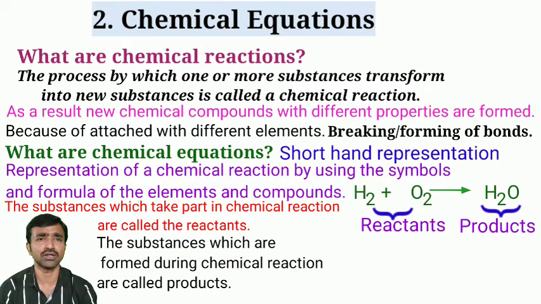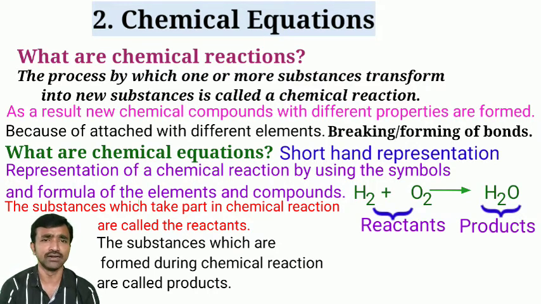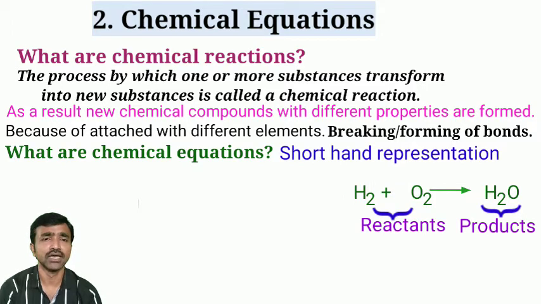To say this easily, we write H2 plus O2 gives H2O. The left side is written as reactants, and the right side as products, separated by an arrow symbol.